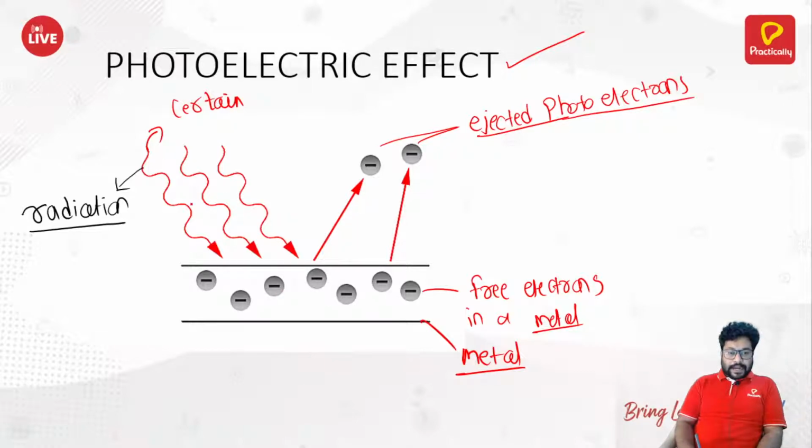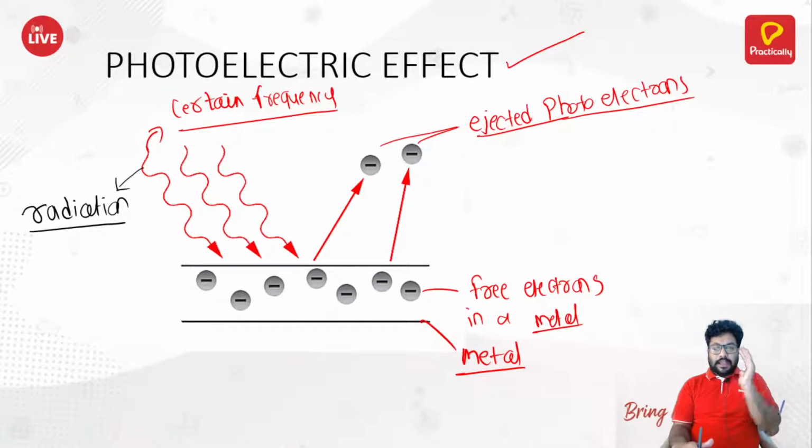So whatever radiation is falling on the metal should have enough energy to impart to the electron, so that by absorbing that energy the electron can overcome the attractive influence and get ejected. So that's the condition: the radiation should have a certain frequency. This was just an introduction to the photoelectric effect.